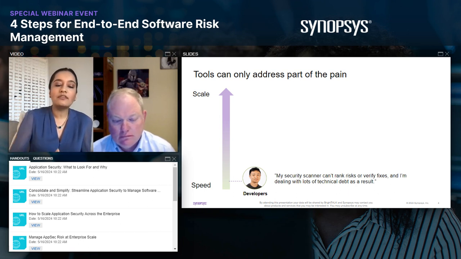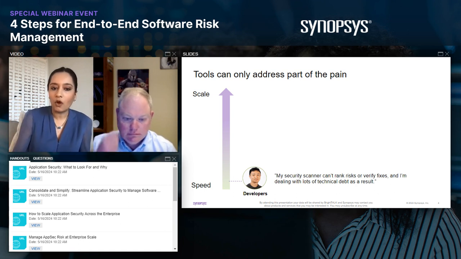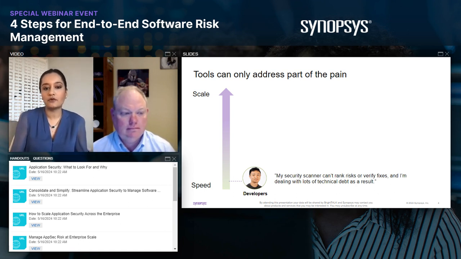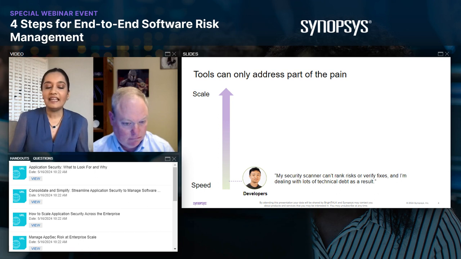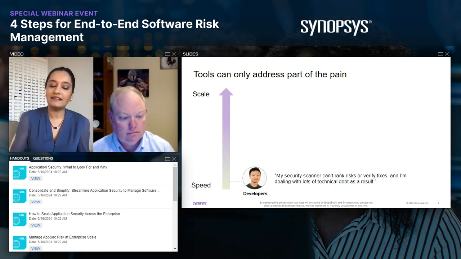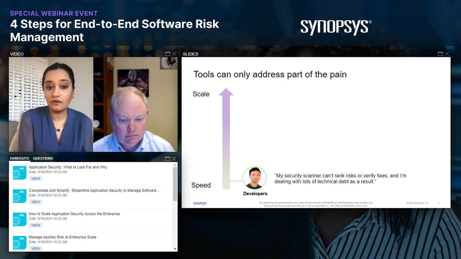And as a result, that mounting technical debt and the overwhelming volume of alerts that developers are having to face day to day is often why there's a lot of security friction that accompanies many initiatives to integrate application security effectively with their day to day.